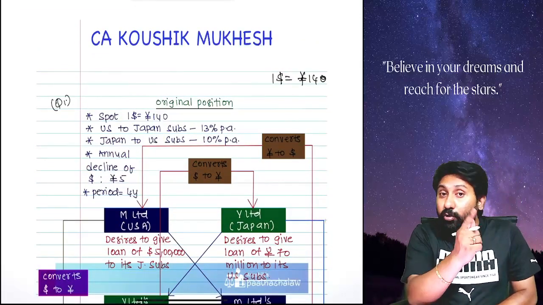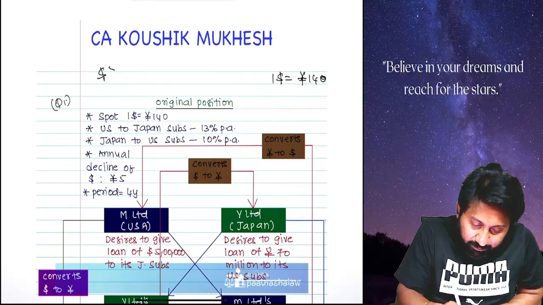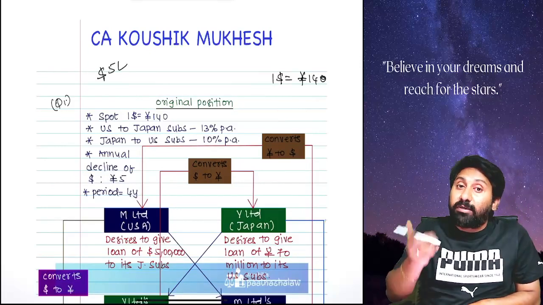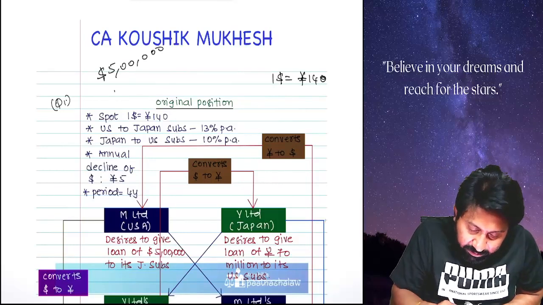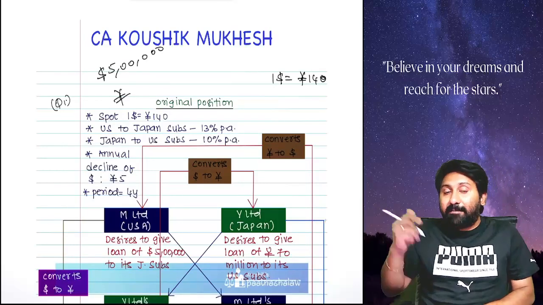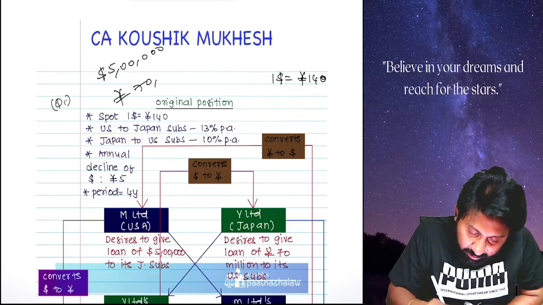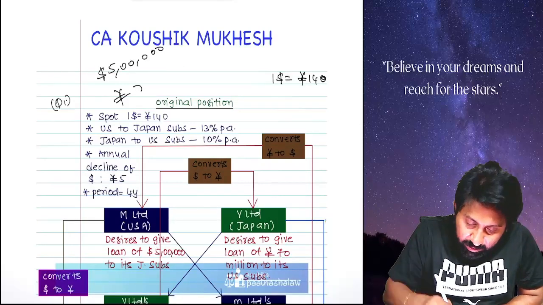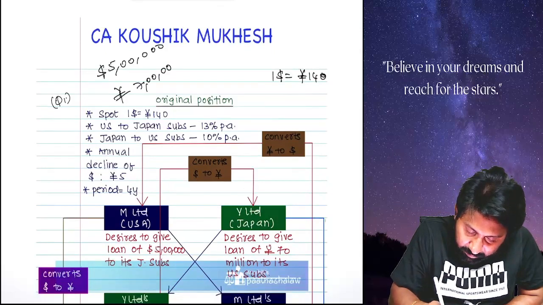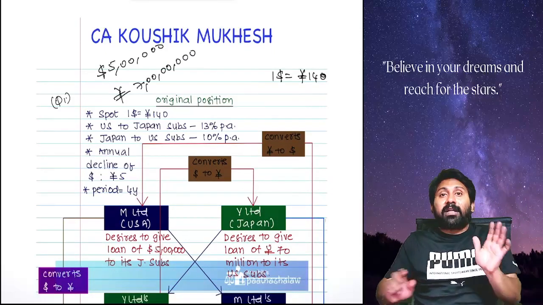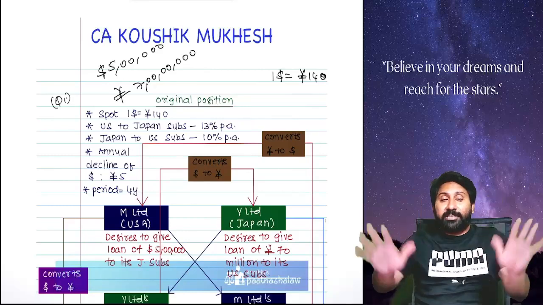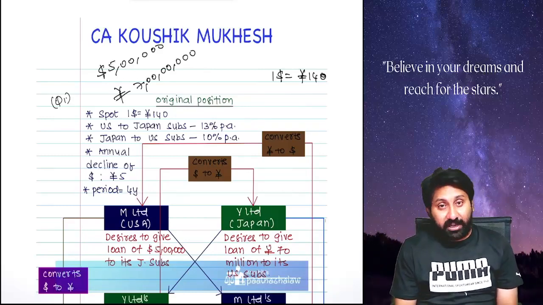How much money did the US company want to lend? 5 lakh. How much money does the Japanese company want? Yens 70 million, that is 7 crores. This loan transaction should be matching.